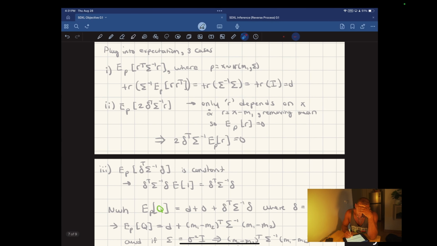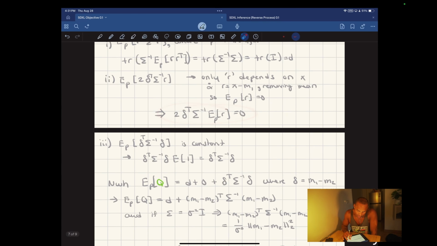This distribution P, the parameters, the mean is M1, and this R is removing M1 from each X, right? So just like we would do if we were trying to turn a distribution into a standard normal, right? So this mean is going to be 0, right? So that zeroes out this whole thing.